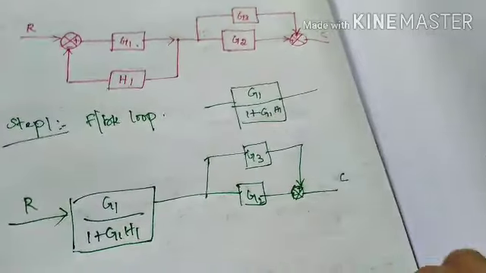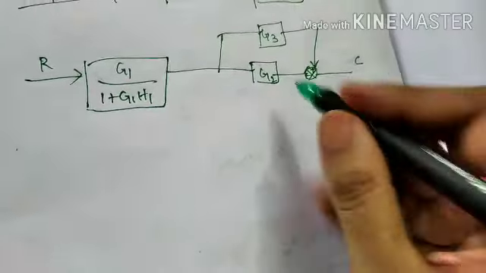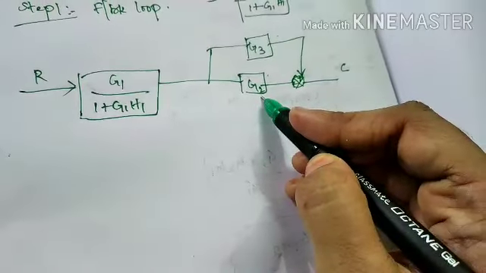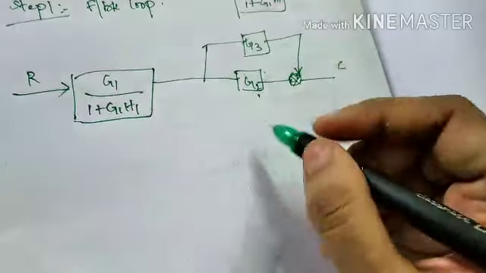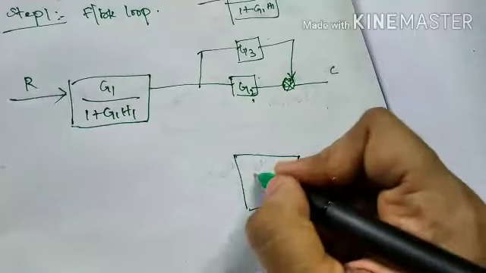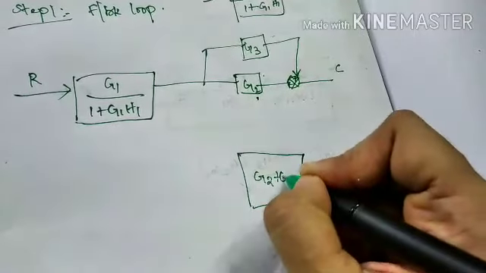This is our output, right? Now see, these two blocks are in parallel form. So what is the condition for parallel form? We need to add these two blocks, right? So we are replacing those two blocks with a single block, that is G2 plus G3.